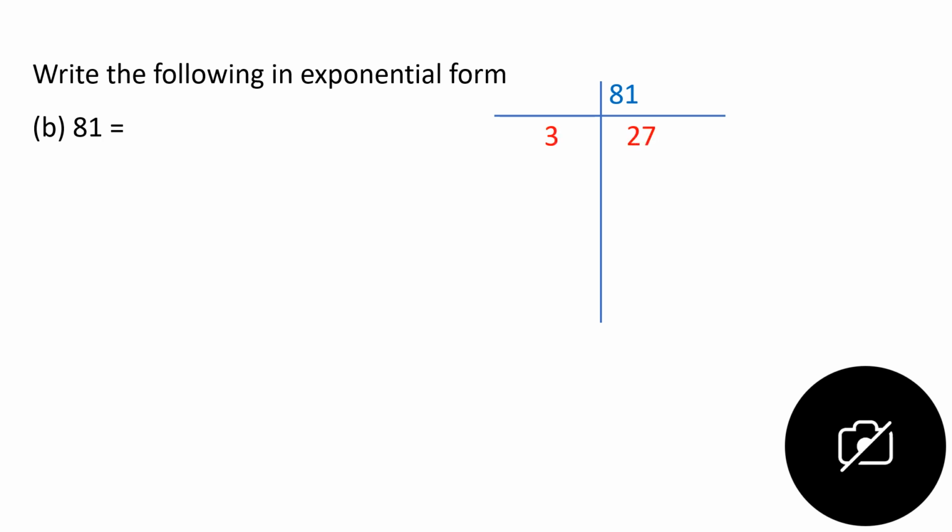We say 81 divided by 3 is 27. 27 divided by 3 is 9. 9 divided by 3 is 3. 3 divided by 3 is 1. So all we do is count how many 3's we've used, which is 1, 2, 3, 4. So we say 81 is equal to 3 to the power 4. 3 to the power 4 is equal to 3 times 3 times 3 times 3.